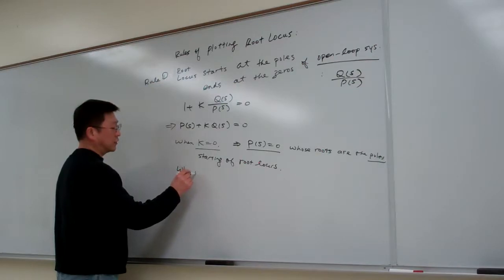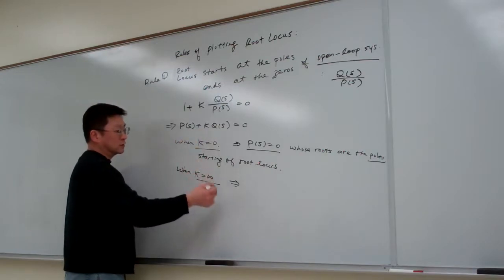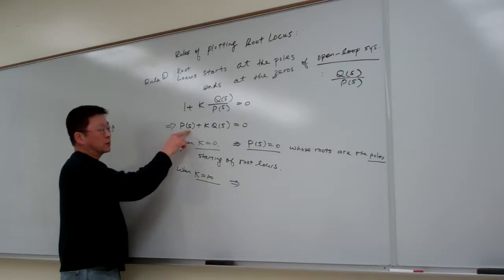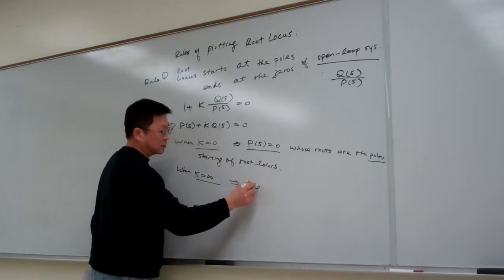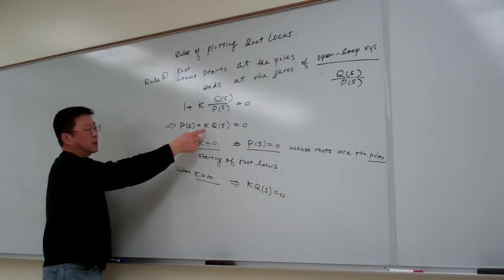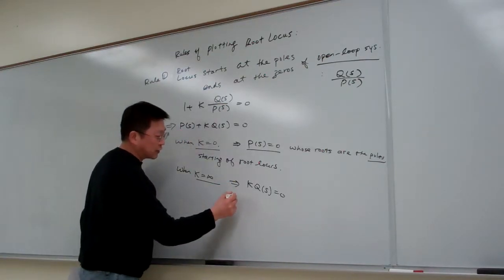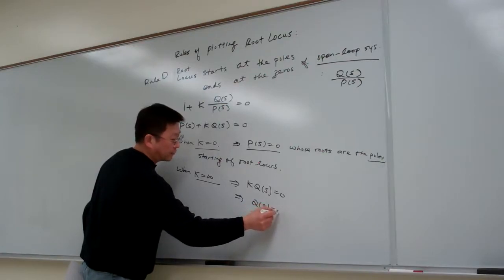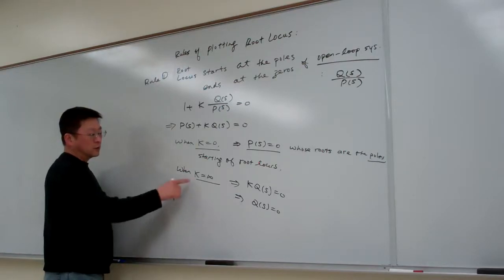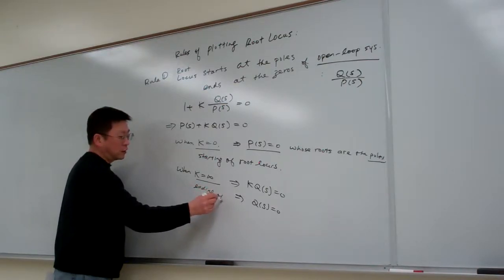And also we see when K equals infinity, this characteristic equation can be approximated, because K is so large we can ignore the P(S), leaving the characteristic equation like this. Again, because K is large, we can ignore this portion. So when K equals infinity, this is basically equivalent to Q(S) equal to 0. So when K equals infinity, that means the ending of the root locus.